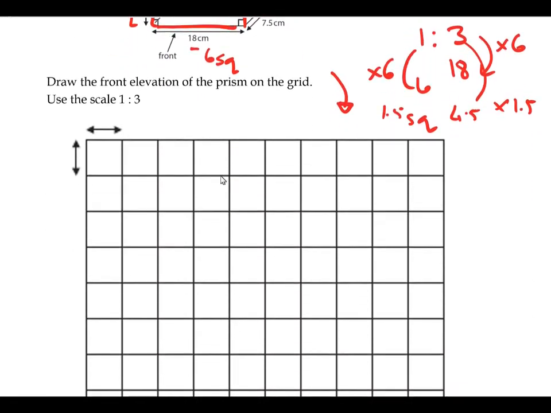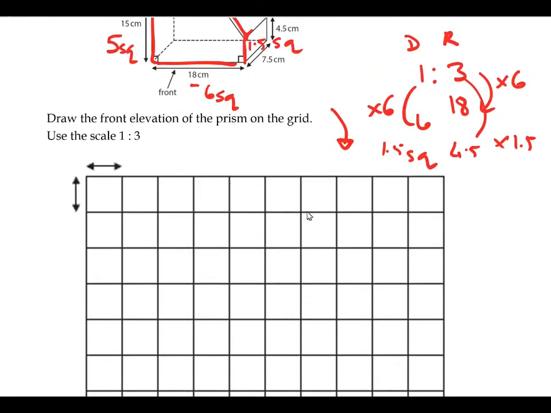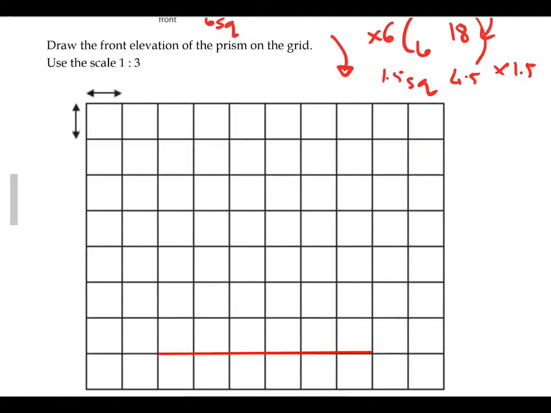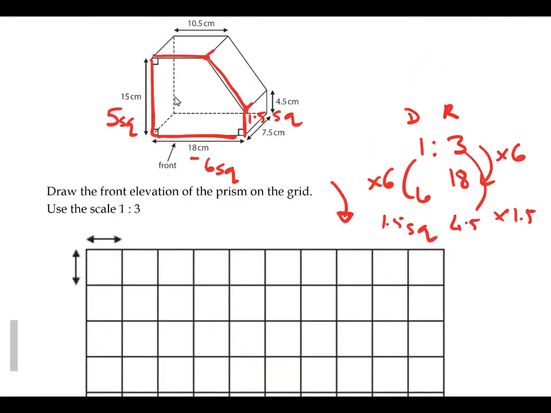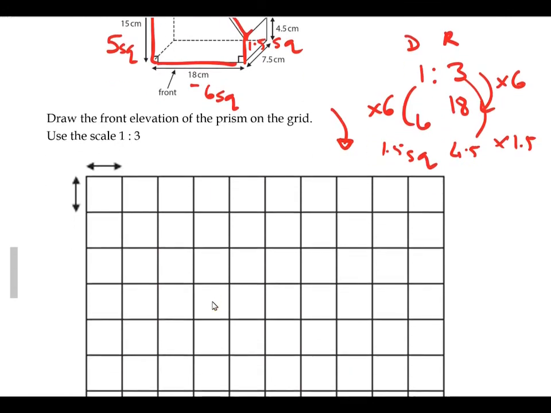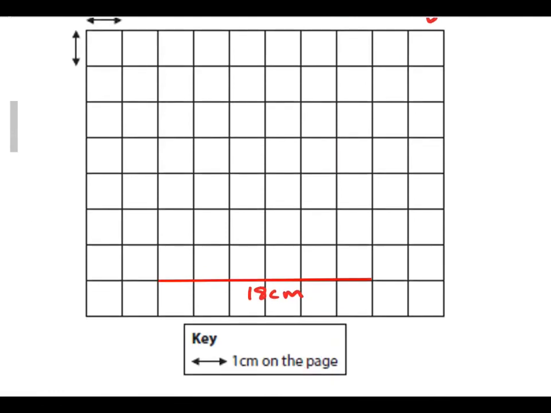And let's start with the base of 6 squares. So this base of 6 squares in the real world represents our 18 centimeters. Then we're going to draw the left-hand side where we want 5 squares to represent 15 centimeters. So let's draw that. So this left-hand side is 15 centimeters in the real world, but 5 squares on our drawing.